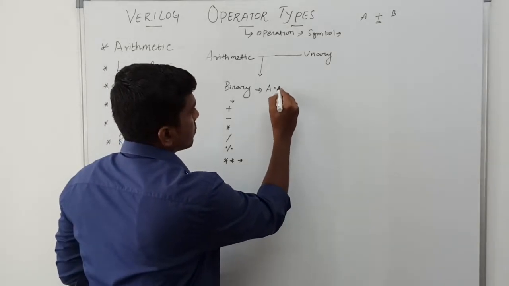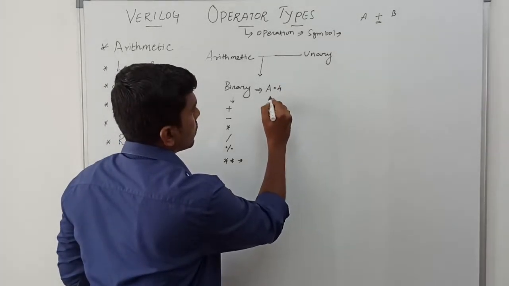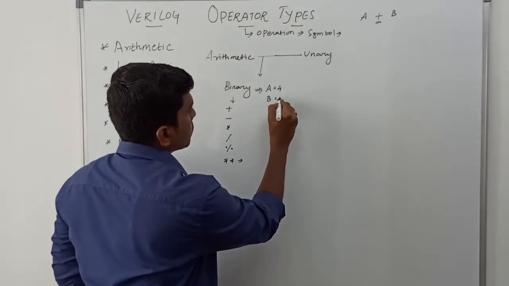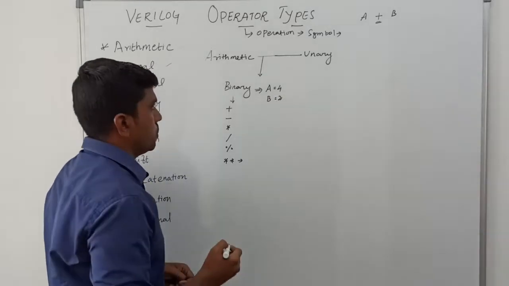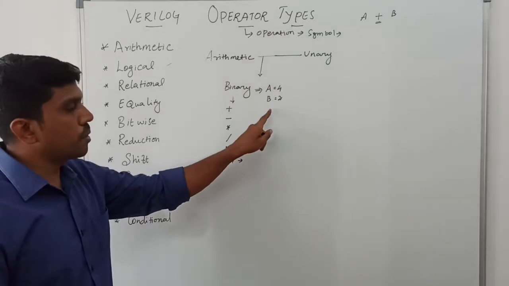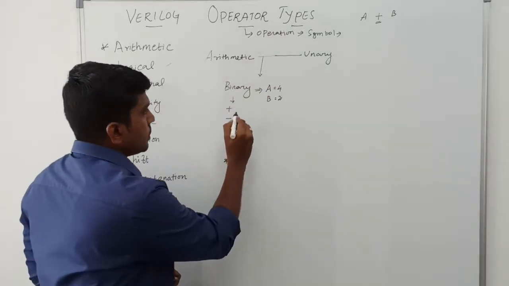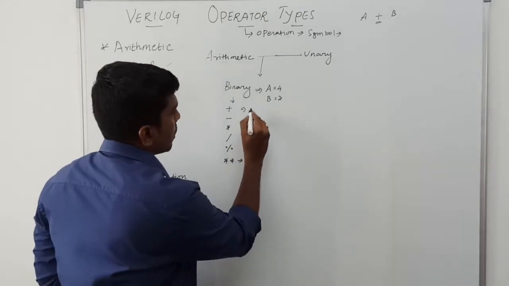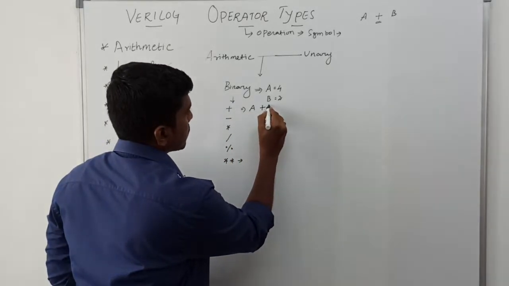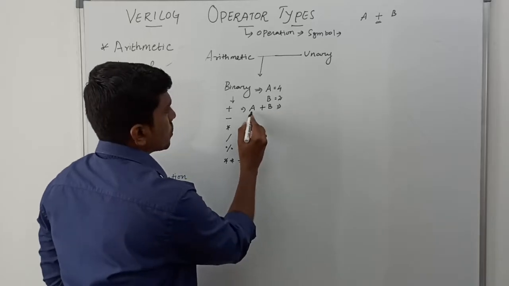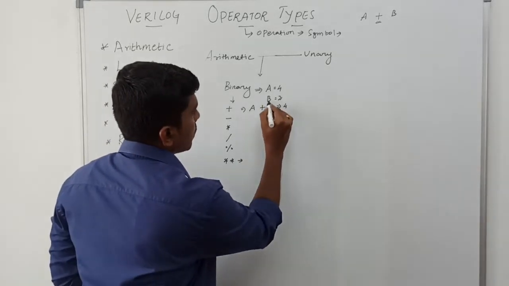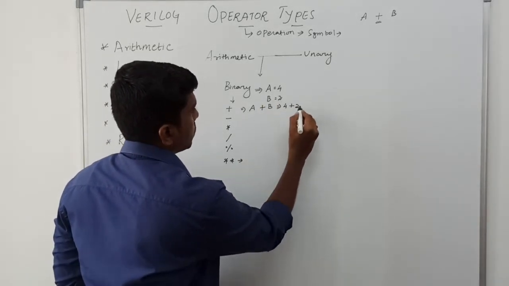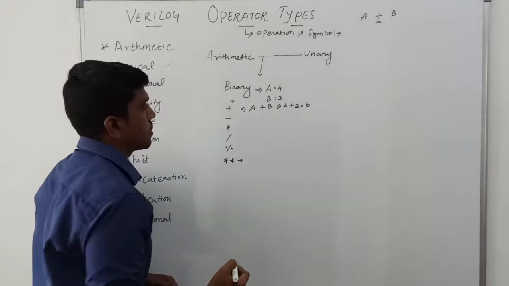Operand A has the value 4, and operand B has the value 2. The first binary operator is plus. A plus B: operand A is 4, operand B is 2, so the result is 6.